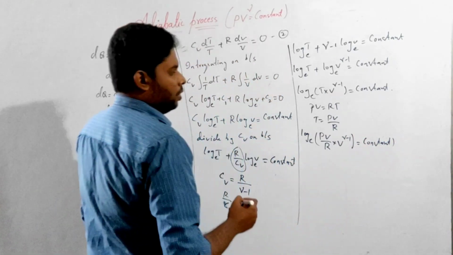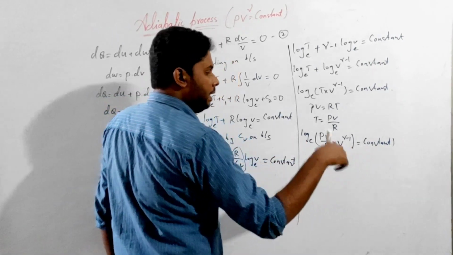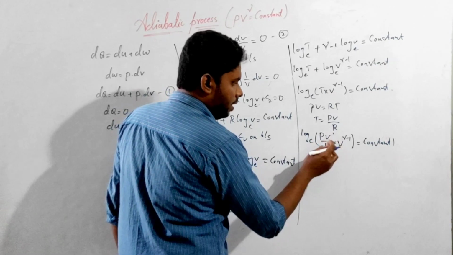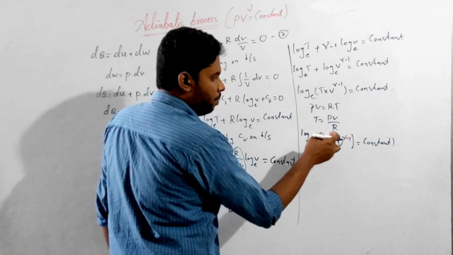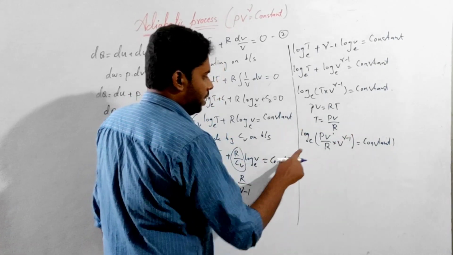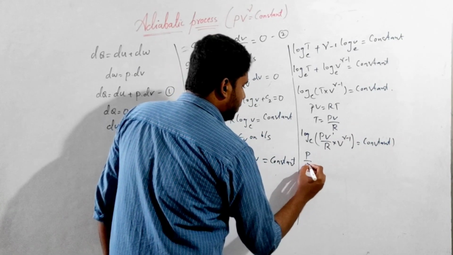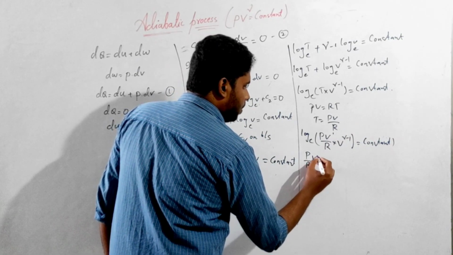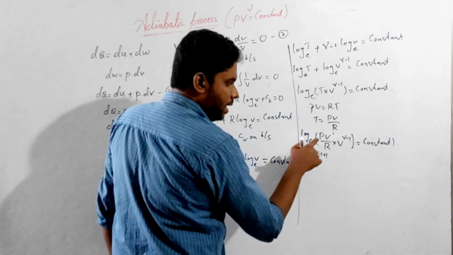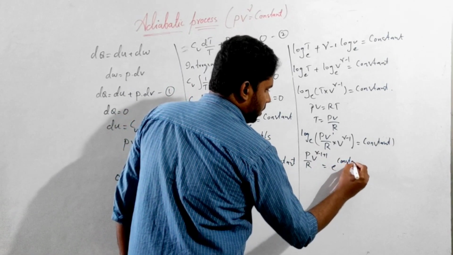Okay, so now if I take log to that side, it will become e raised to, and here the bases are the same, so the powers should be added. Here the power is 1, so gamma minus 1 plus 1, the minus 1 and plus 1 cancel out, leaving gamma. So I get P by R, V to the power of gamma minus 1 plus 1, equals e raised to constant.